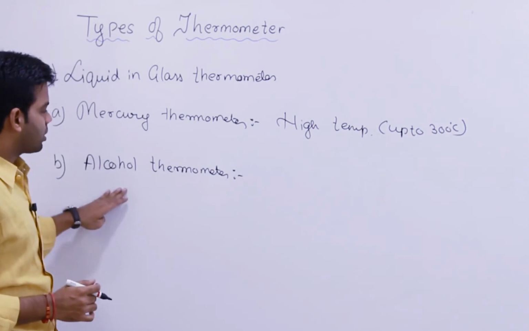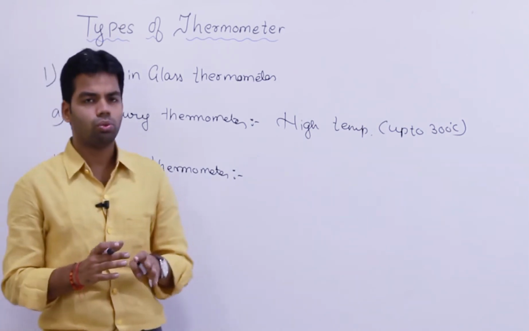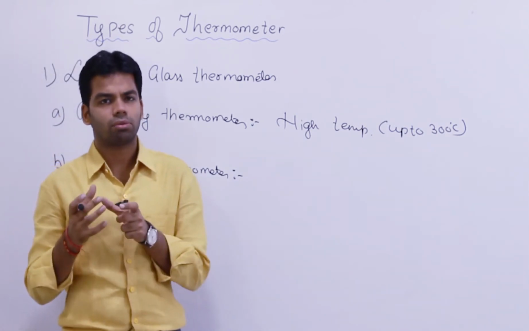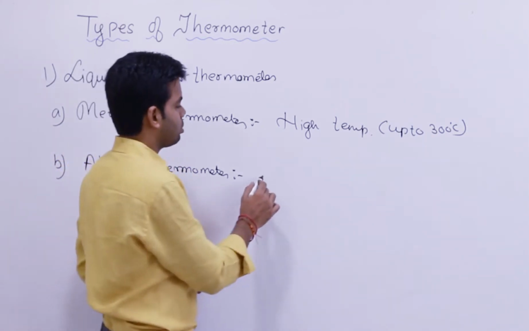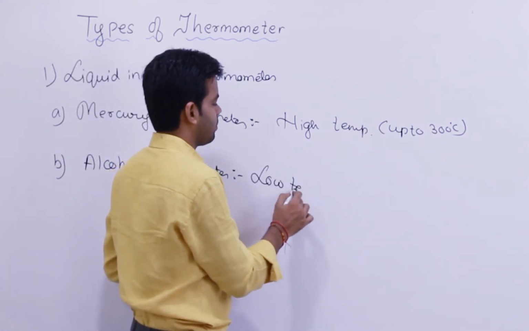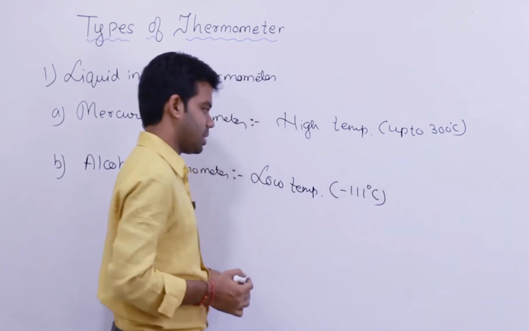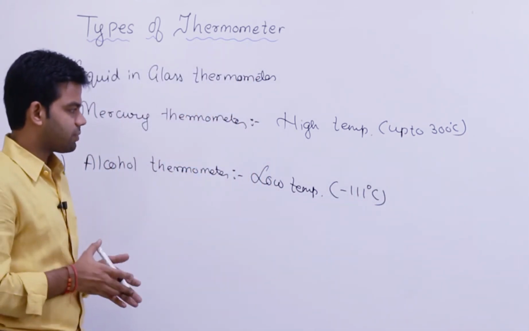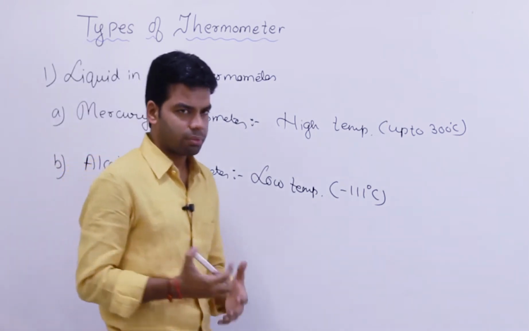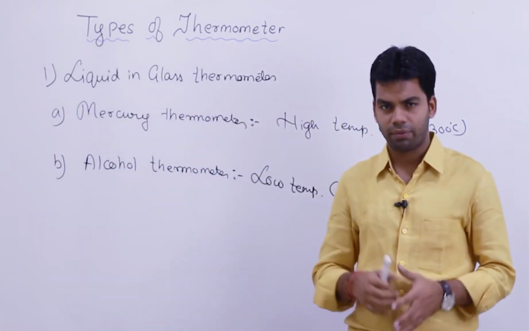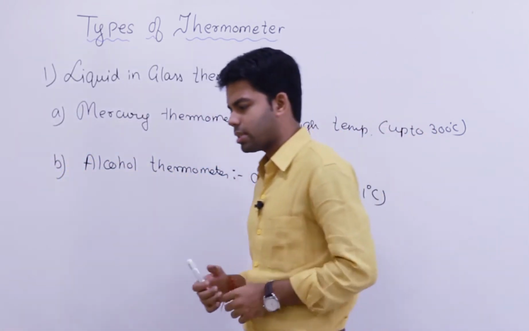But the alcohol thermometer is used to measure very low temperature, of the order of up to minus 111 degrees centigrade. So if we want to measure very low, negative temperature, we can use an alcohol thermometer, and if we want to measure high temperature, we can use the mercury thermometer.